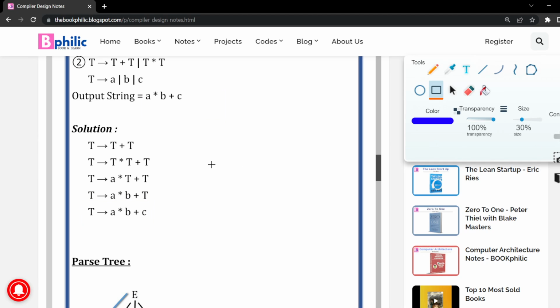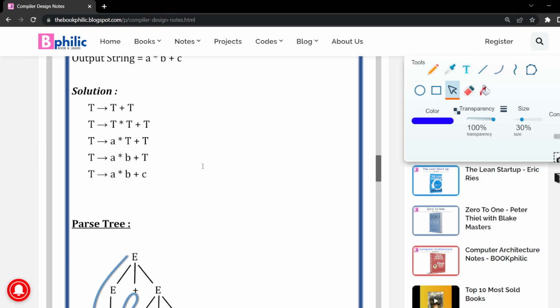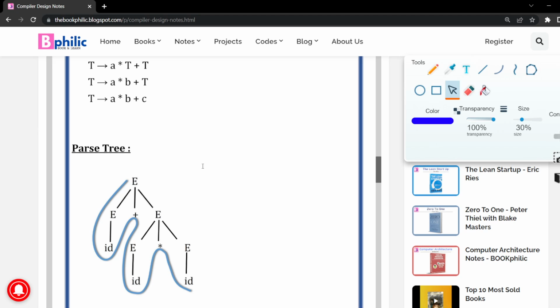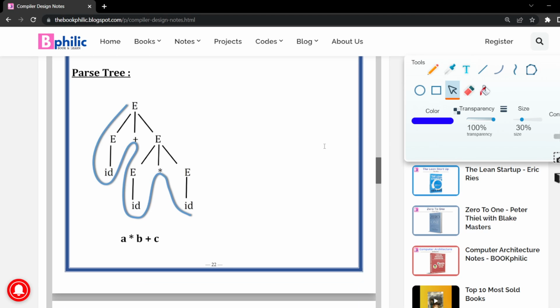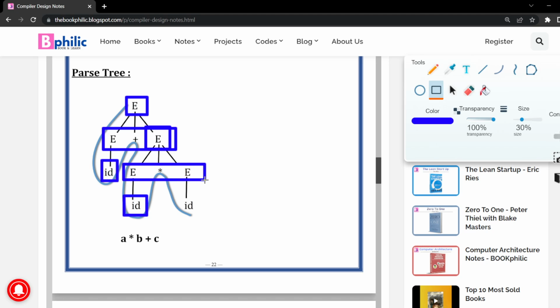So now ultimately we have to generate the parse tree, because we are a parser. You have to consider yourself as a parser, then only you can generate a parse tree. So here we go, we are first of all generating our root node, that is capital E, and then in the next step we are generating E plus E, and then ultimately we are generating into the respective id, and in this case E we are getting our star symbol.